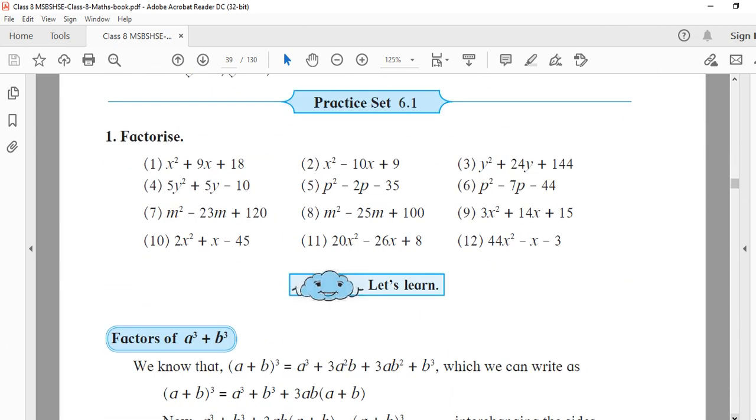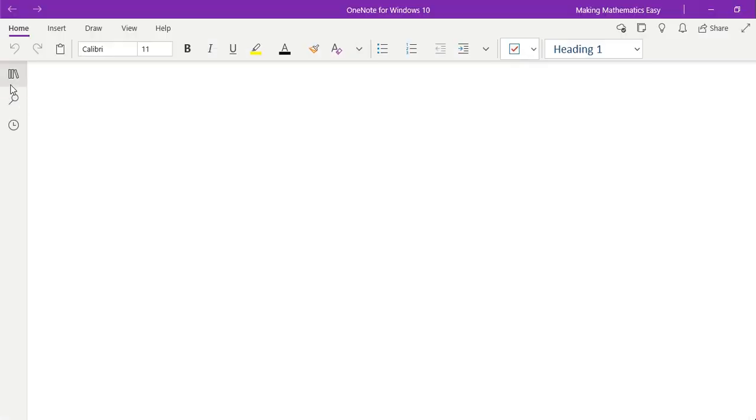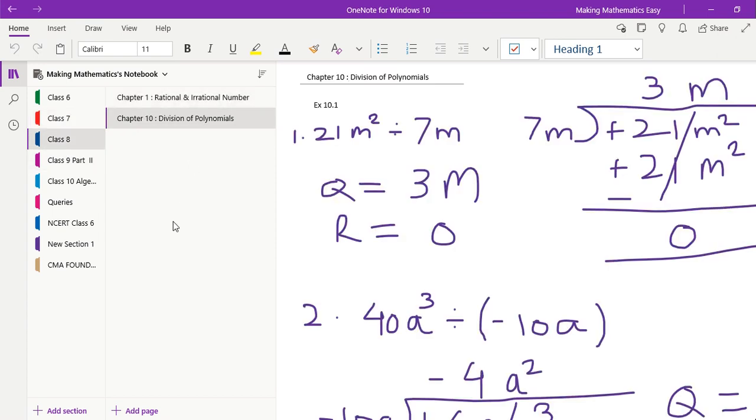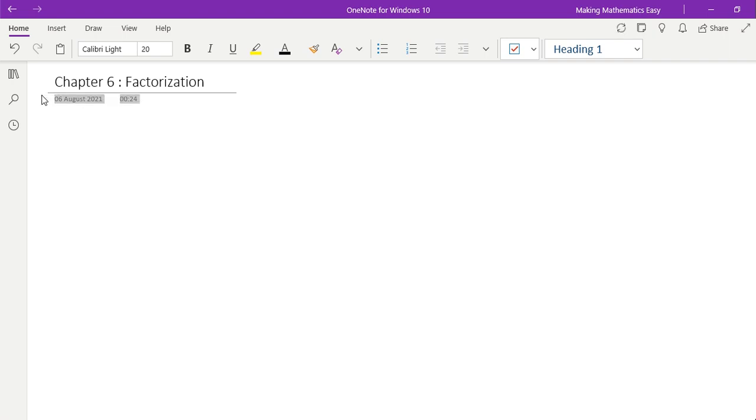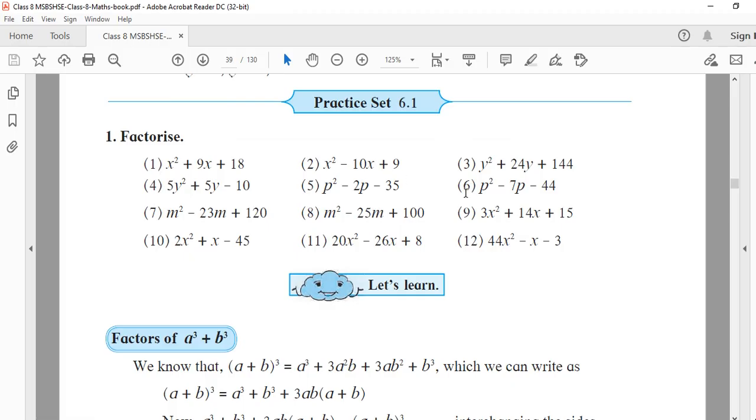We are going to start with exercise 6.1. Okay, so without wasting much time, let's start. अब हमें फैक्टराइज करना है इन क्वाड्रेटिक इक्वेशन को। इसका मीनिंग क्या है? वी हैव टू सॉल्व दिस इक्वेशन, दैट्स इट, नथिंग एल्स। सो लेट अस स्टार्ट.